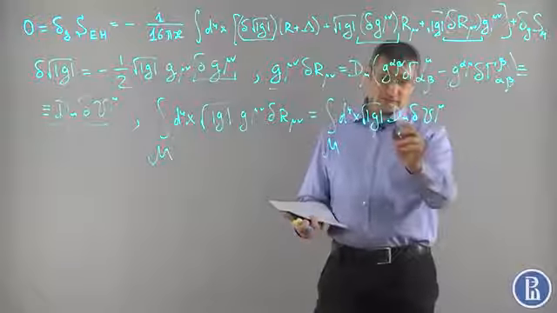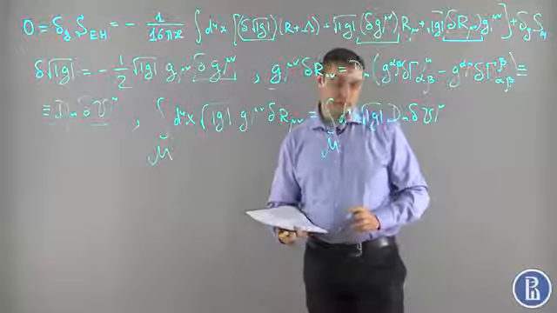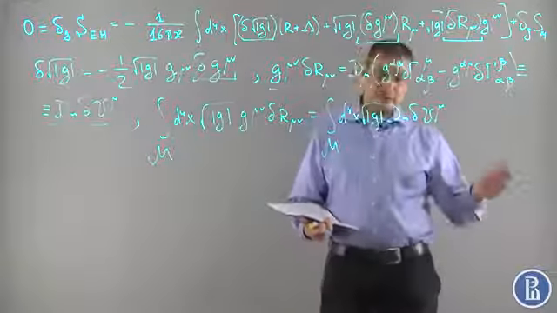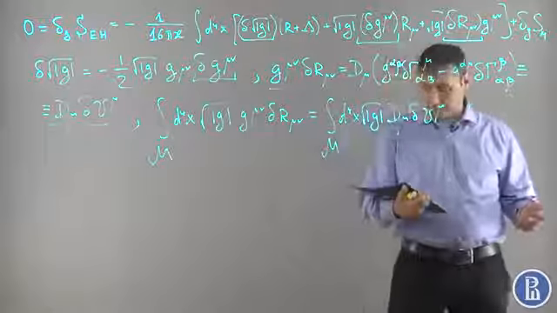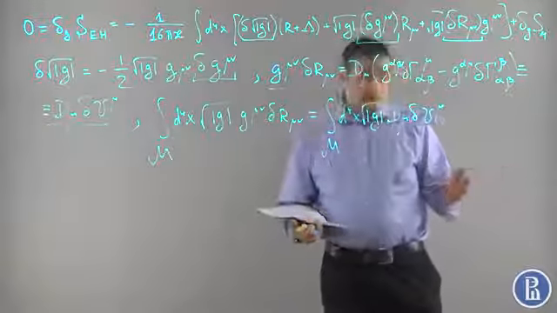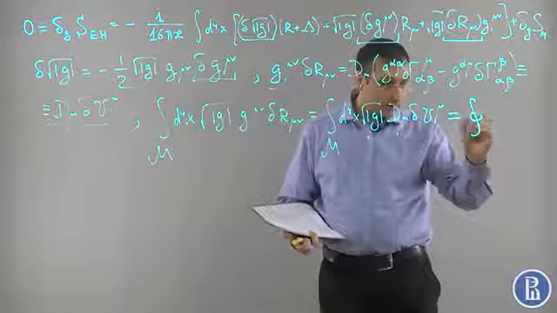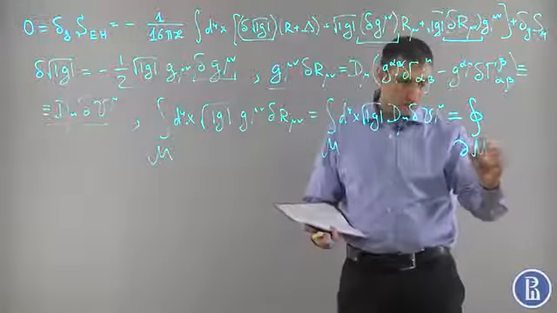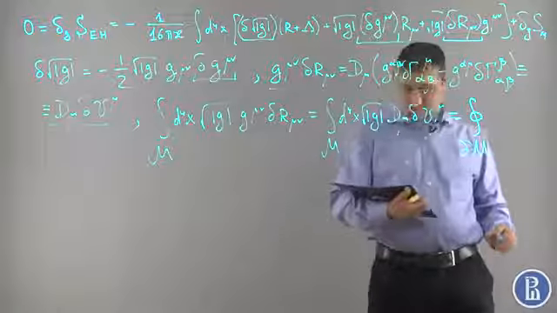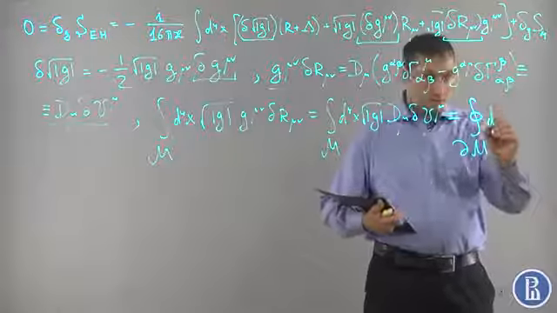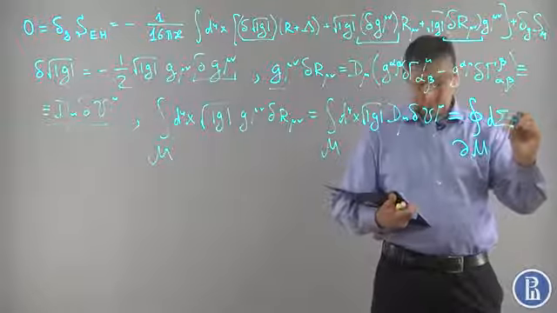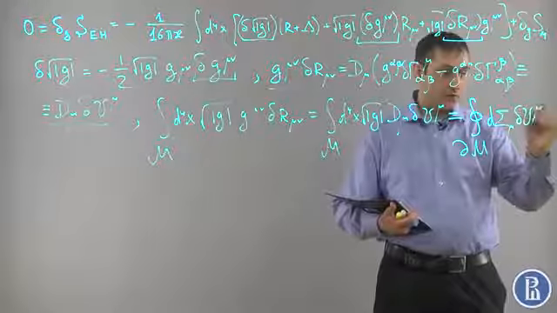And because it's an integral over a total derivative, one can apply Stokes theorem or Ostrogradsky-Gauss theorem, in this case in curved space-time, and then this is the integral over the boundary of our space-time manifold, dσ_μ times δu^μ.